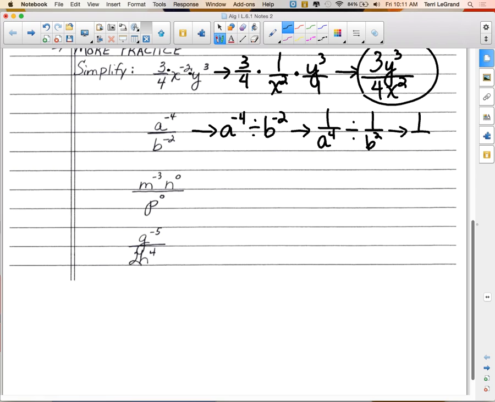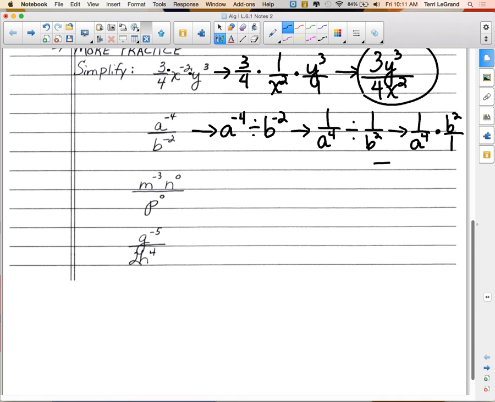The first factor does not ever change, it stays what it is. The second factor becomes its reciprocal, so b to the 2nd over 1. Division to multiplication, what you're dividing by becomes its reciprocal.